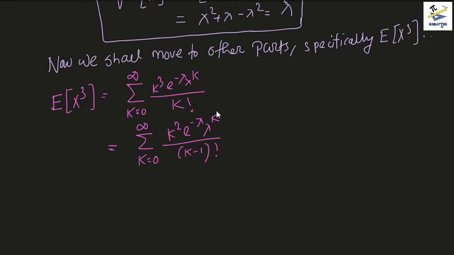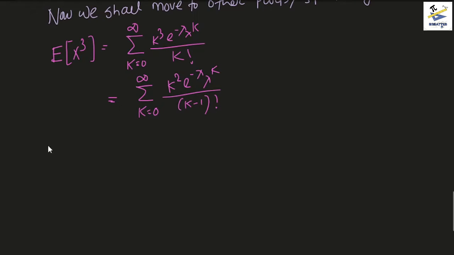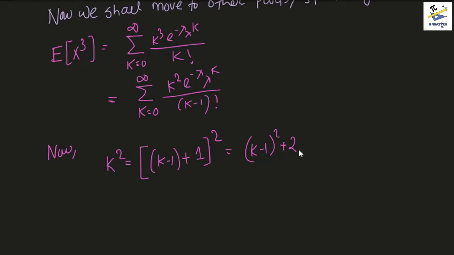Now k square can be written as follows. So k square can be written as k minus 1 plus 1 whole square, right? And using the formula for a plus b whole square, it becomes k minus 1 whole square plus 2 into k minus 1 plus 1.